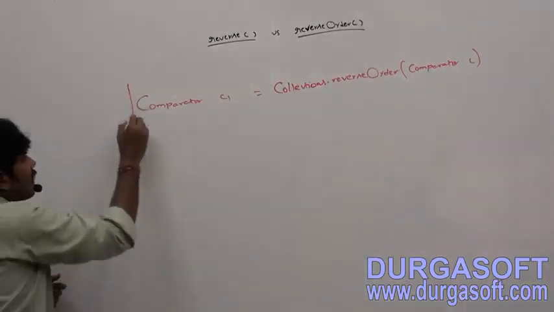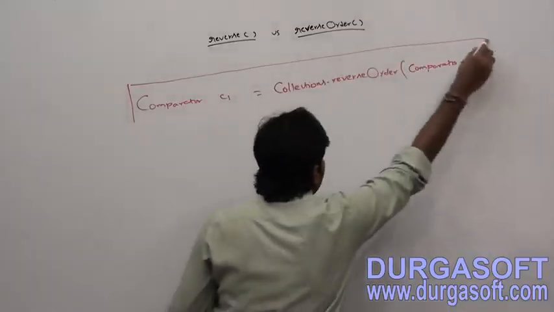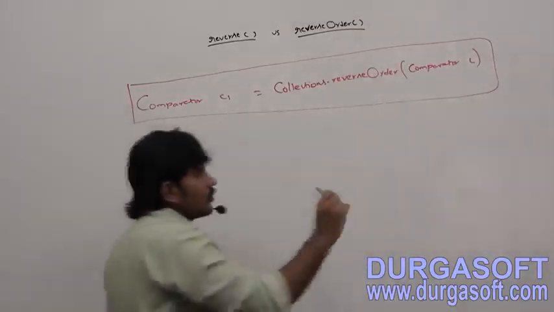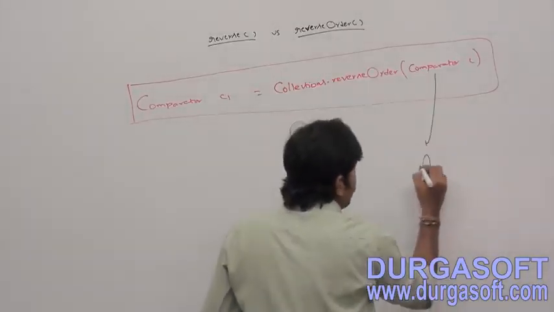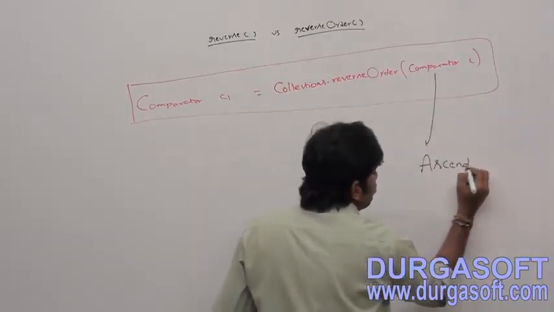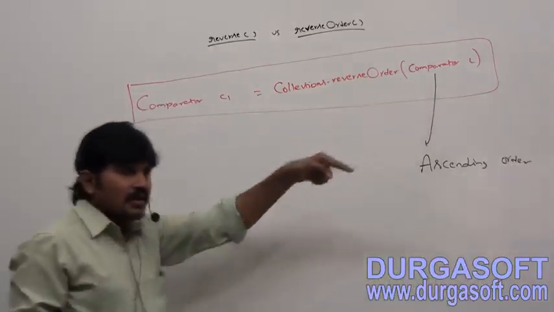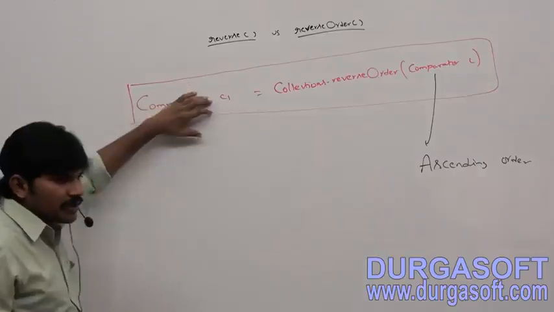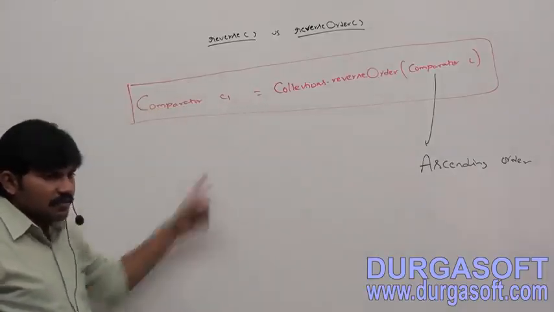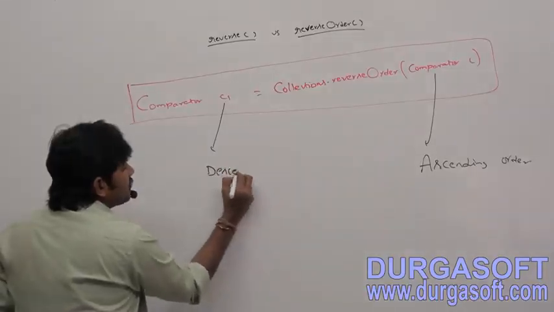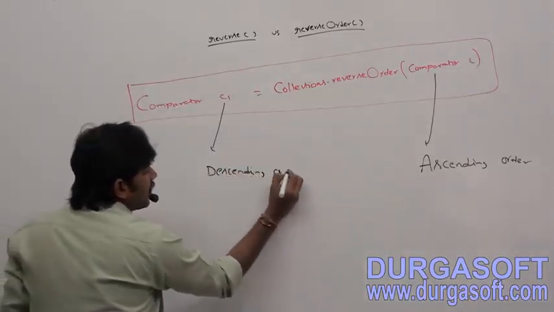Sir, what is the difference between the argument comparator and the return type comparator? Assume this comparator talks about ascending order, then the comparator I am going to get because of this reverseOrder method talks about what? Descending order. Are you getting the thing, right?